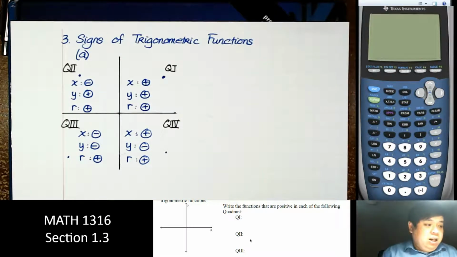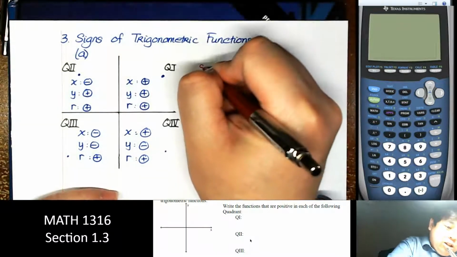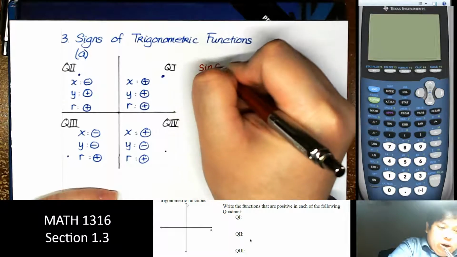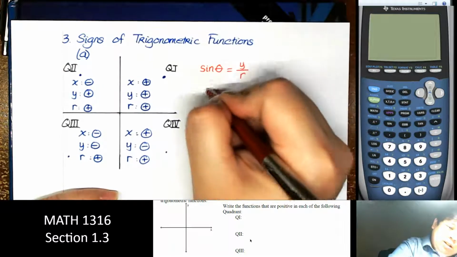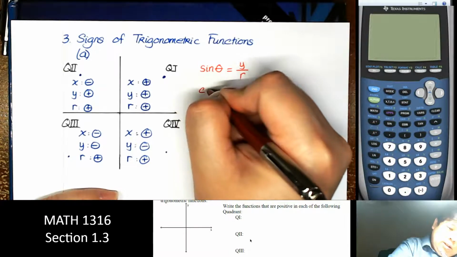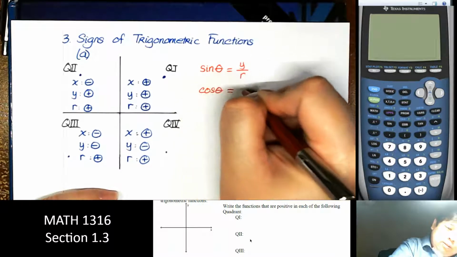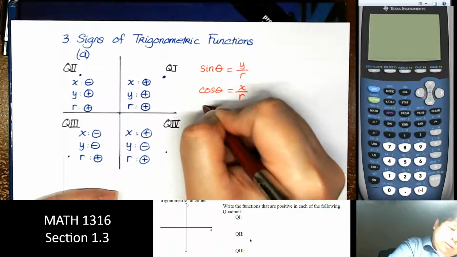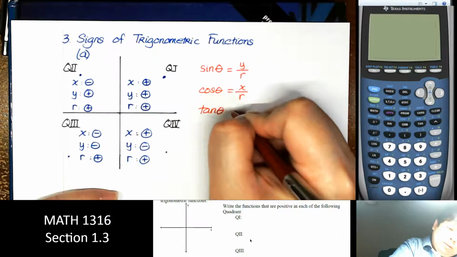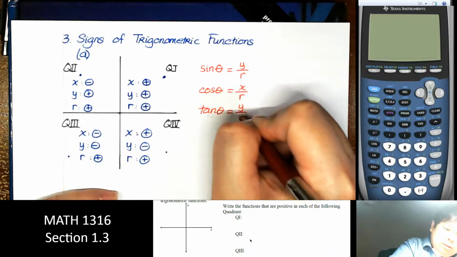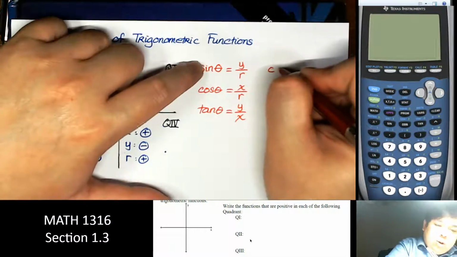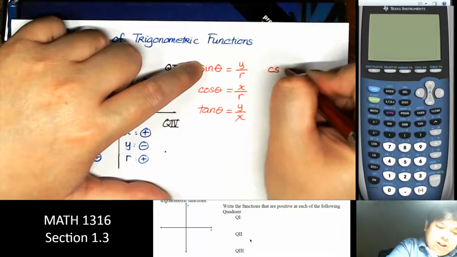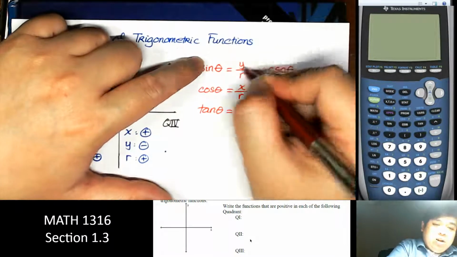Very easy. Like I said, bottom line is whenever we go to the trig function, when we're stuck, always go back to the definition. Let me write out the definition again. Sine and cosecant are reciprocal of each other.